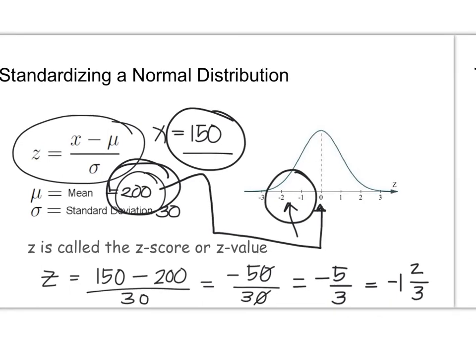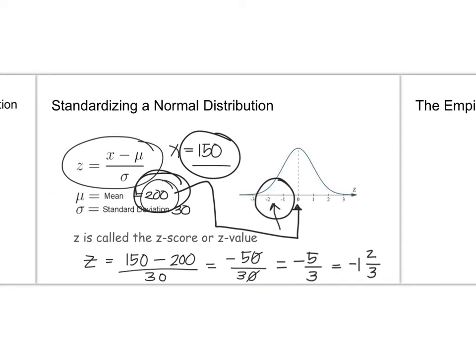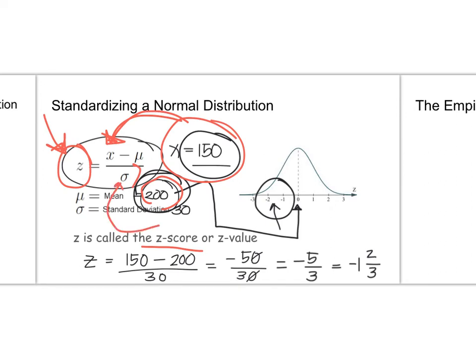So again, if you want to translate a normal distribution into a standard normal distribution, we need to make use of this formula, and all the new values are called the z-scores. Simply place the given x, in our example 150, on the x, place the mean on the mu, and place sigma 30 as the standard deviation.